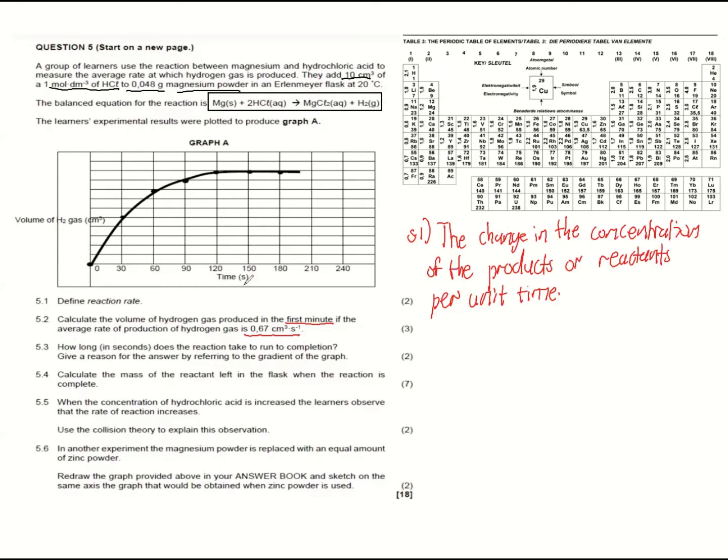Our time here is given in seconds, and 1 minute is equivalent to 60 seconds. So we are looking from 0 all the way to 60 seconds. But we don't have any values to read from the graph, so we would have to calculate.